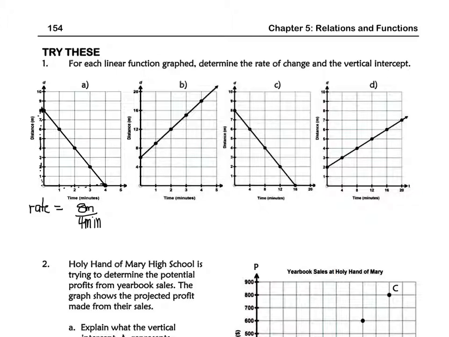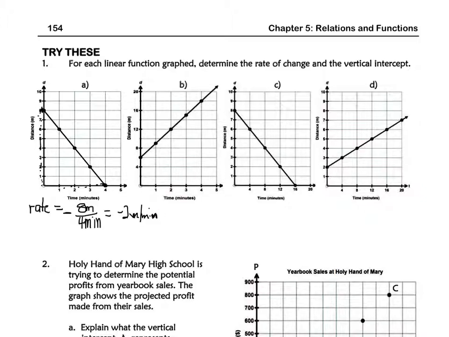But if you look at the direction of that line, it is going down, or falling, as time goes on, so that should be a negative rate of change. So this would be negative 2 meters per minute. And all the negative means, again, is that the distance is decreasing as time goes on.